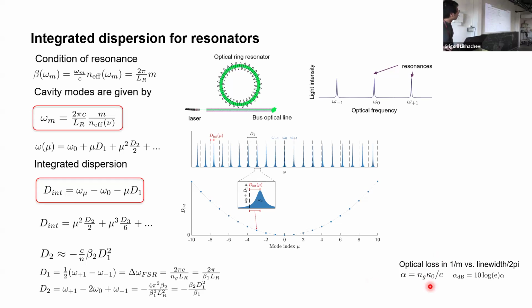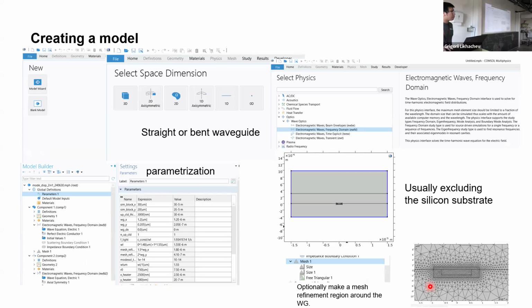Then I can quickly jump to how you really create the model in COMSOL and simulate the waveguide dispersion and how the mode will look for your actual waveguide. I should have already sent you a starting model, but I still want to briefly show through some screenshots some common problems and ideas.